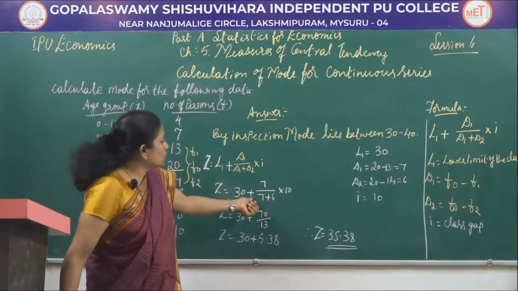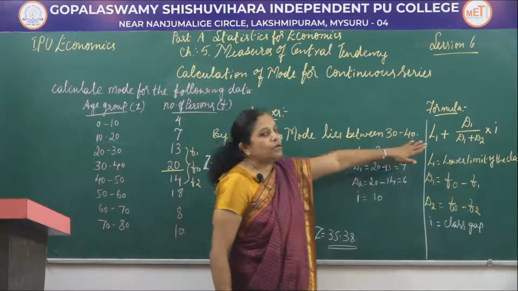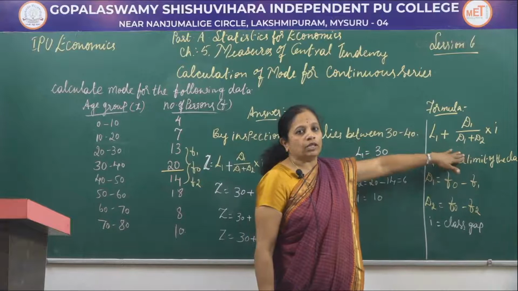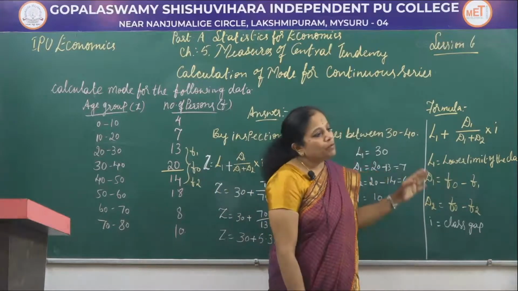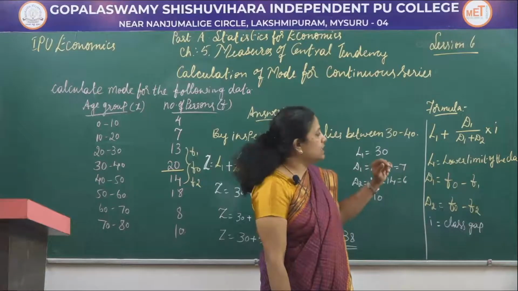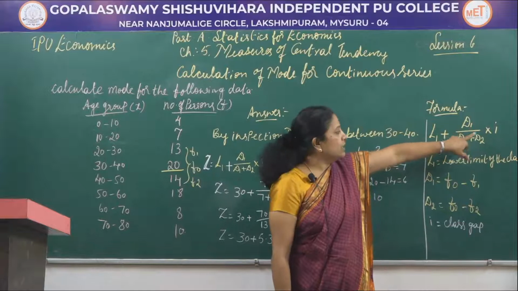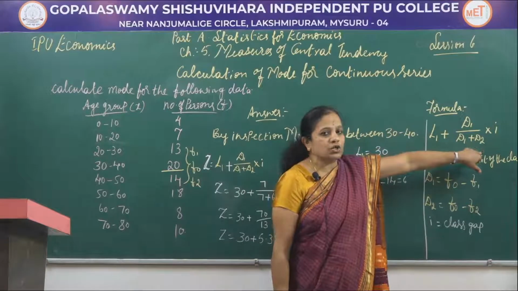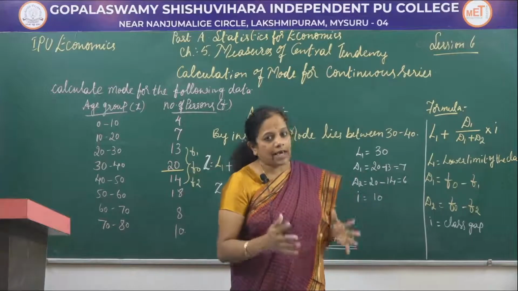Then, we will go to delta 1. This is the formula to calculate the mode, where mode is denoted by Z. The formula is Z equals L1 plus delta 1 divided by delta 1 plus delta 2, into i, that is the class interval or the class gap.